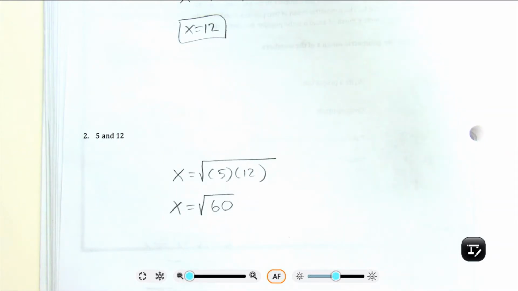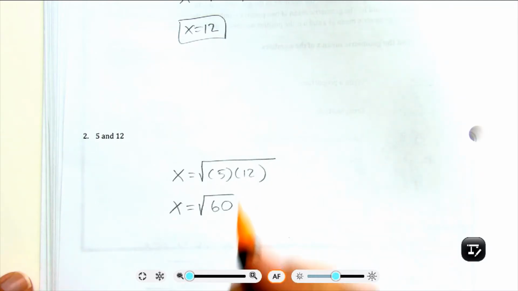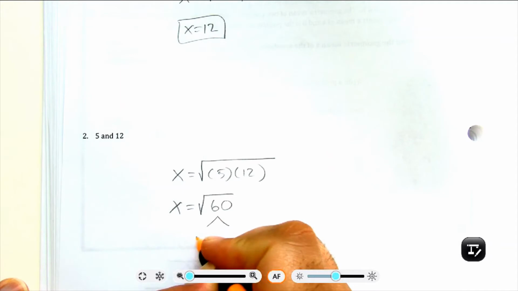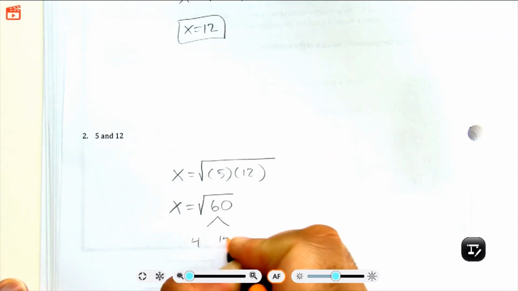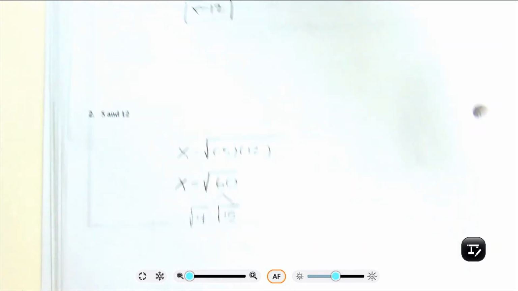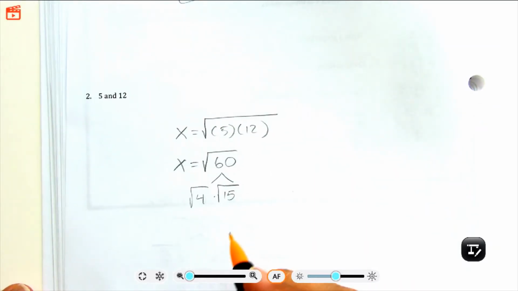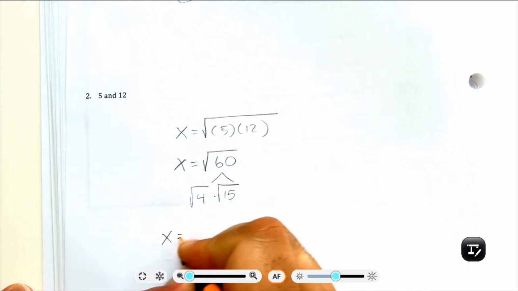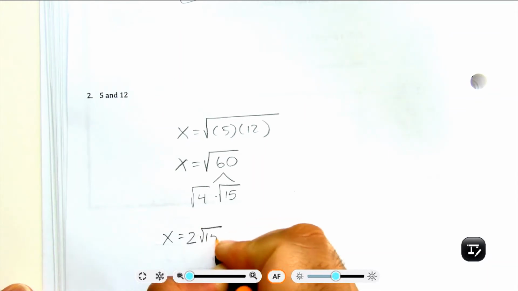One thing that we could do is factor out 60 as 4 times 15. So the square root of 4 times the square root of 15. The square root of 4 is 2, so x is equal to 2 square root of 15.